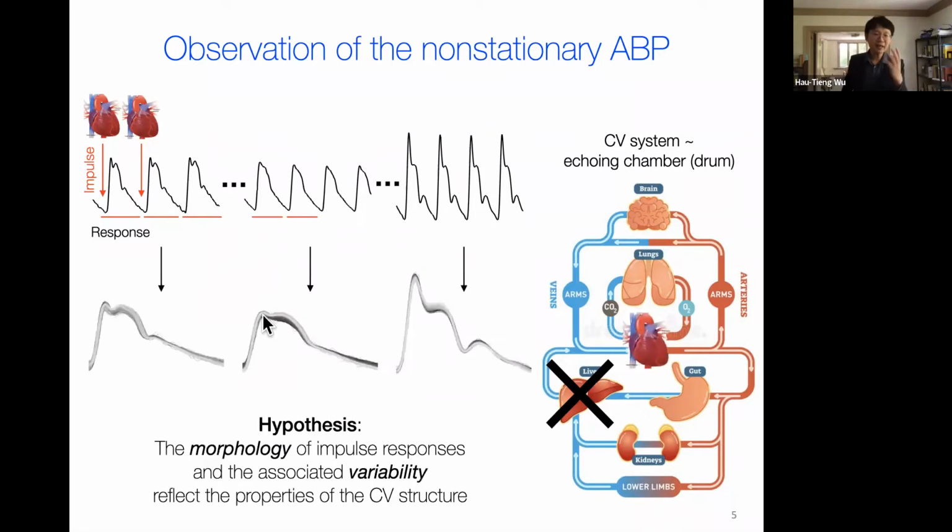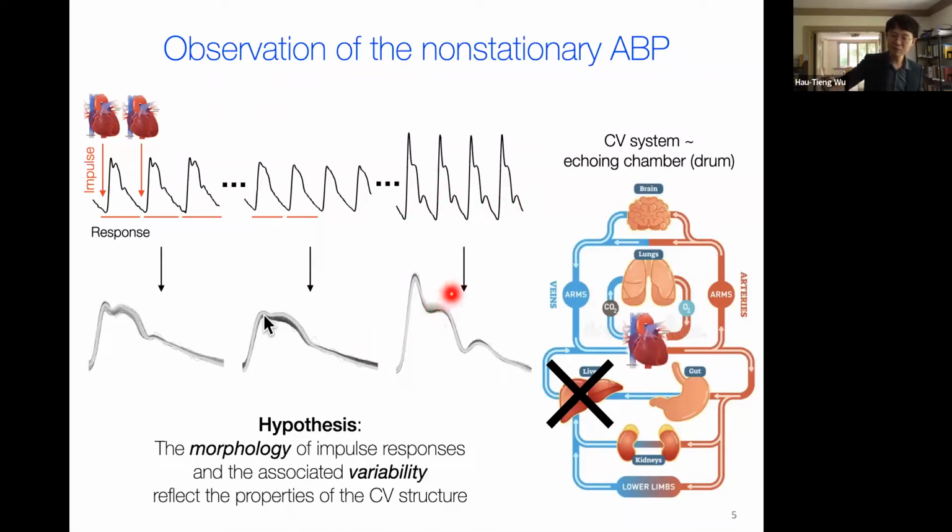If you take a closer look and collect all the responses together, you will see these three morphologies look very different. You can see two small ears on the right-hand side. On the left-hand side, there is one ear, which is very tough, but there is no ear here. But in addition to this kind of global difference, if you plot them together, you will also see some small variation hidden inside from beat cycle to cycle.